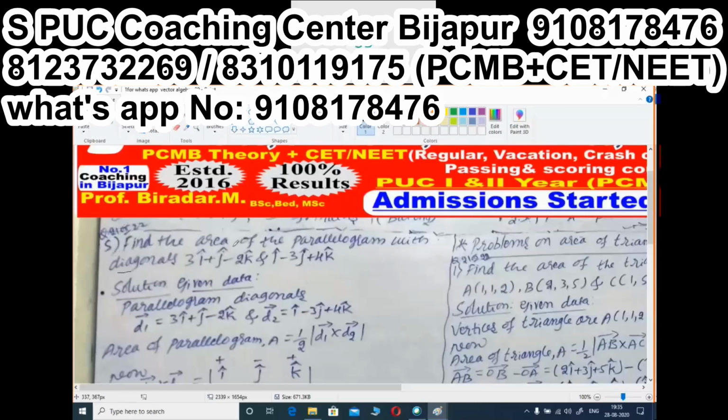Find the area of the parallelogram with diagonals. Whatever he has given, we shall take as D1, diagonal 1, and D2, diagonal 2. D1 is 3i cap plus j cap minus 2k cap, and D2 is i cap minus 3j cap plus 4k cap.